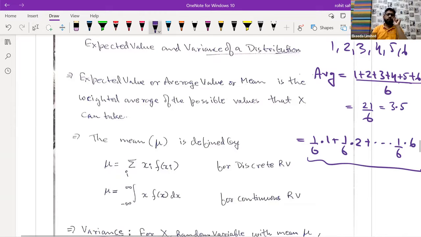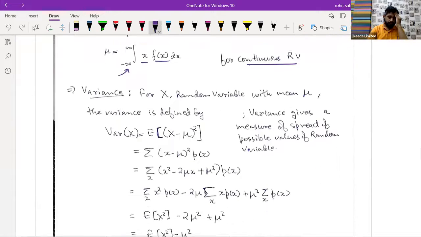So this is a weighted average we are talking about, and for the discrete case it is given as summation of product of your random variable and its density. And for the continuous random variable, it should be integration always. So integration of product of x and its density again. Fine. This is how you find the mean.